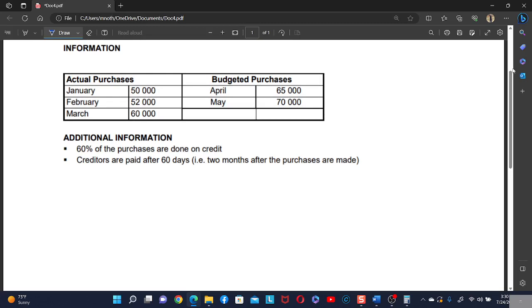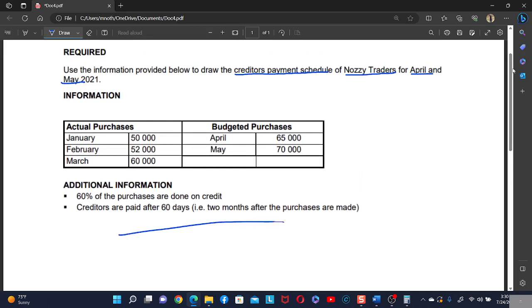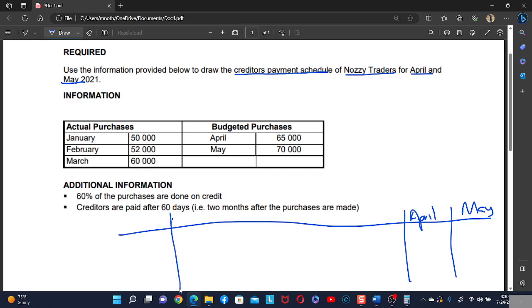Now, let me open. So this is May, this is April. Then we have the month, then the credit purchases.